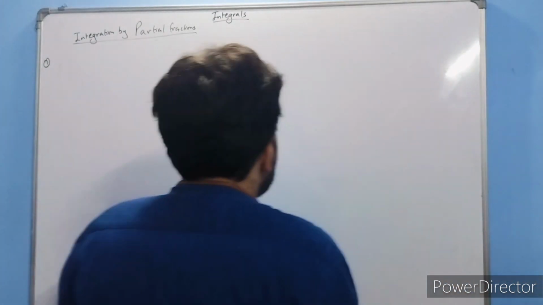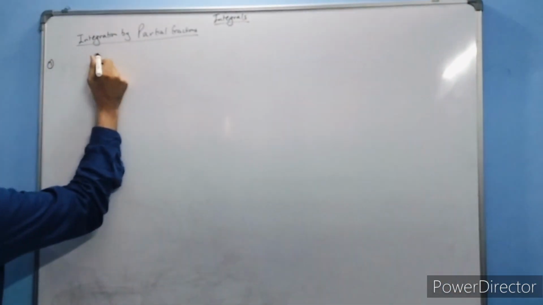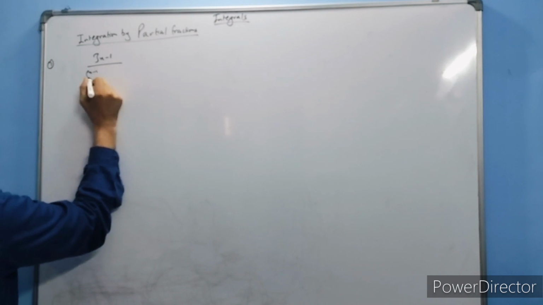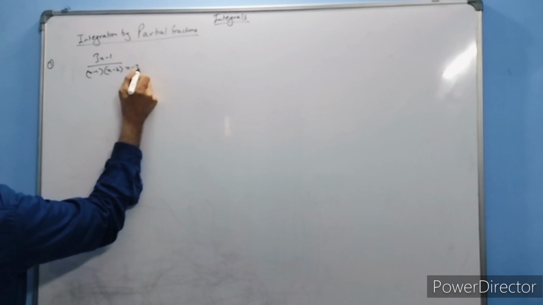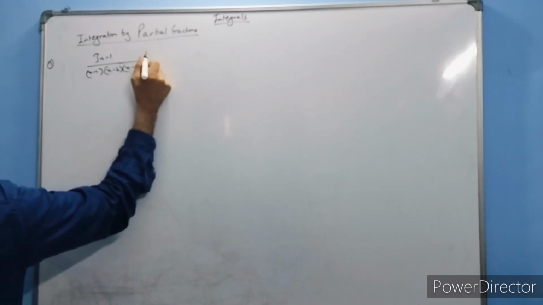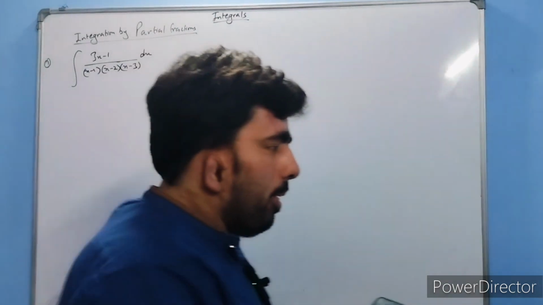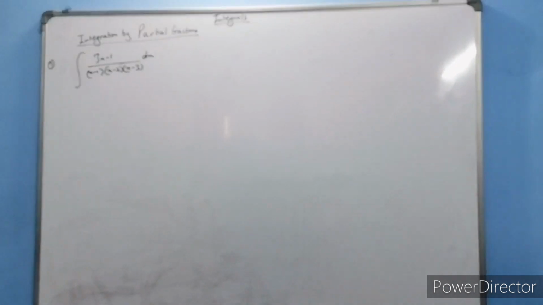Now we have the question in my hand, that is the integral of 3x minus 1 upon (x minus 1)(x minus 2)(x minus 3) dx.